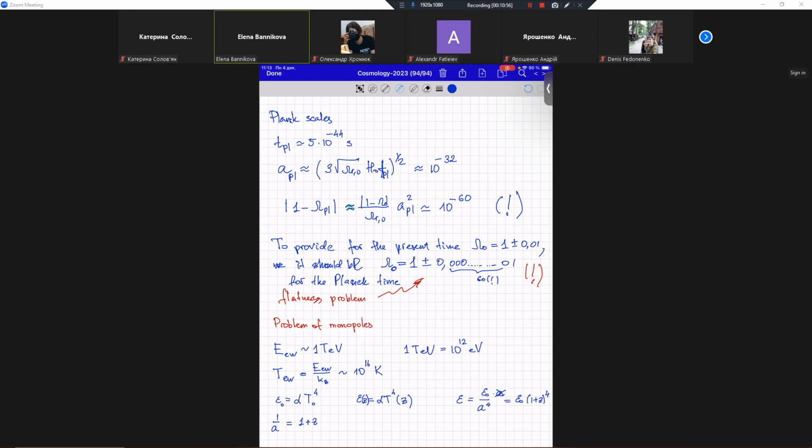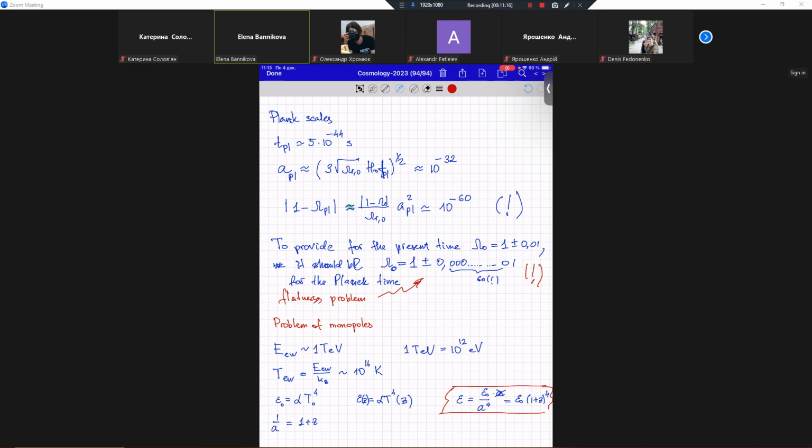So this is the expression for the energy density, which we can write through the redshift, which also corresponds to the distance of the object with the time.